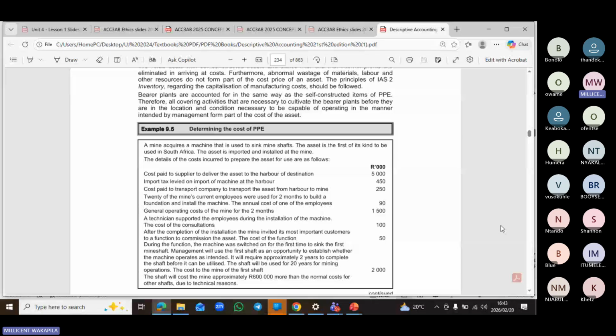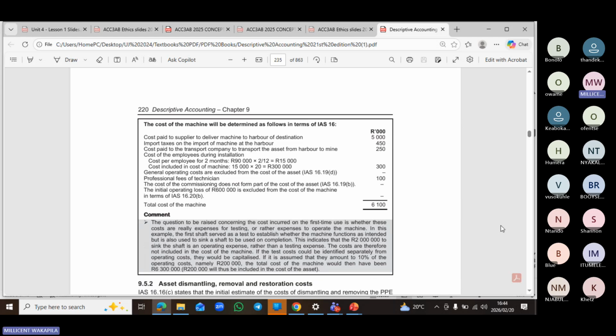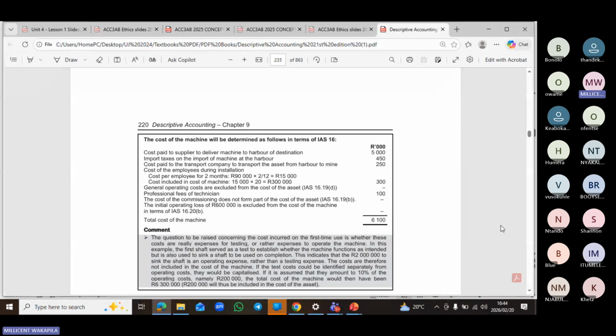And also you can see, so I'm just giving you a write down of the costs that can sometimes be incurred. You can see here the costs that we included: the cost paid to the supplier, the import taxes, the cost paid to transport, and then the cost of employees. You see the cost per employee for 2 months, and then the cost incurred included in the cost of the machine.